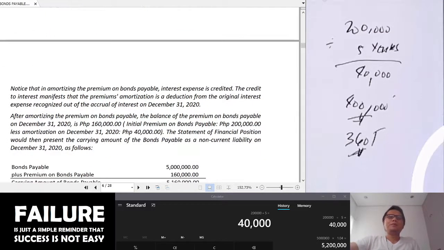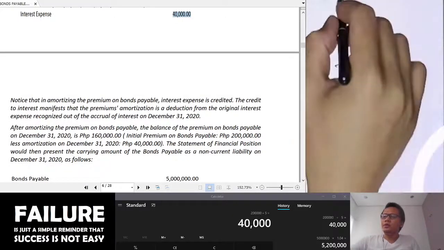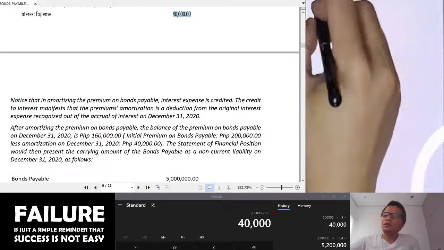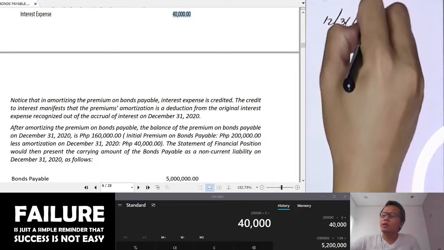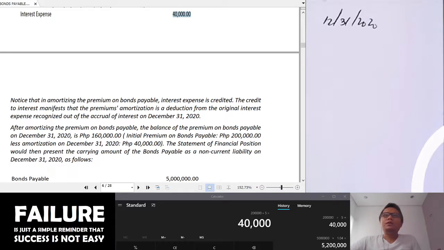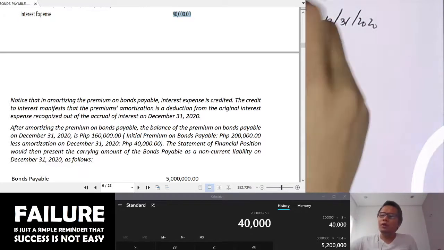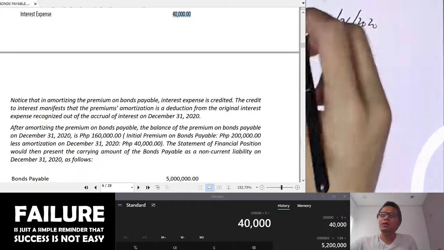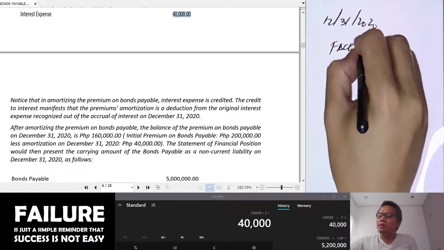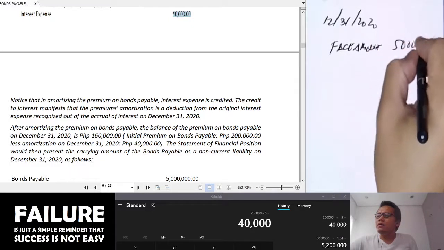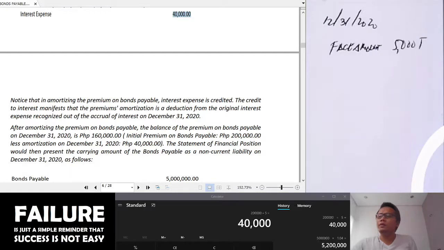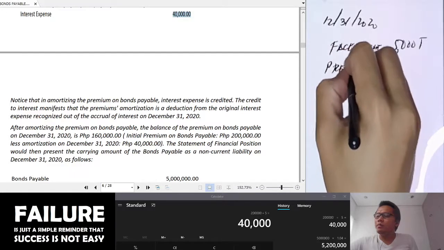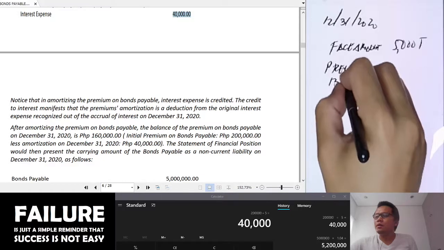So, after amortizing your premium, on December 31, 2020, the carrying amount of the bonds will be presented as the face amount of 5 million, add your premium on bonds payable.